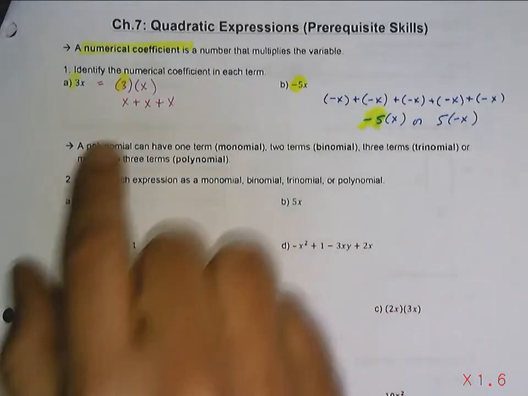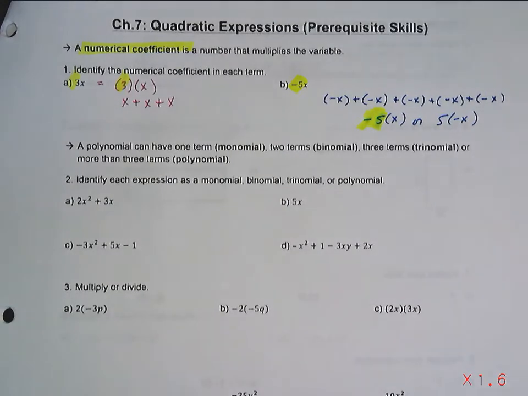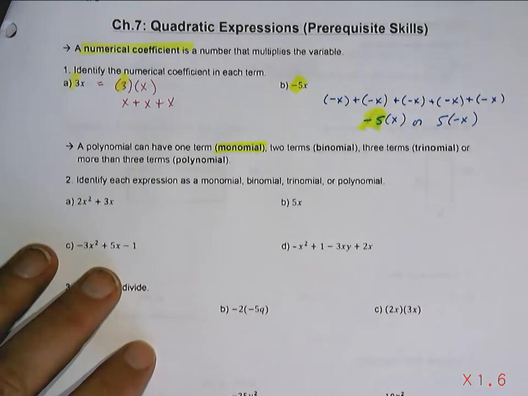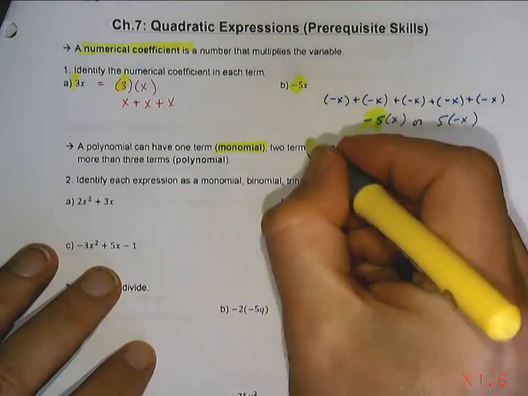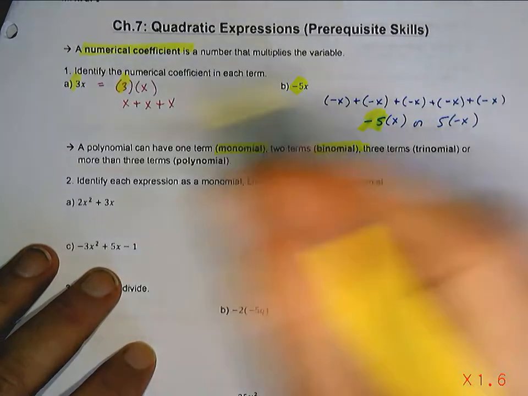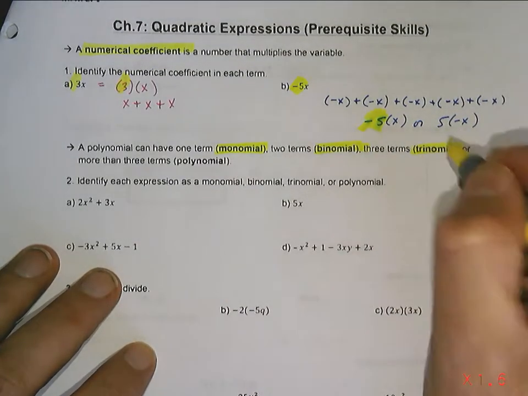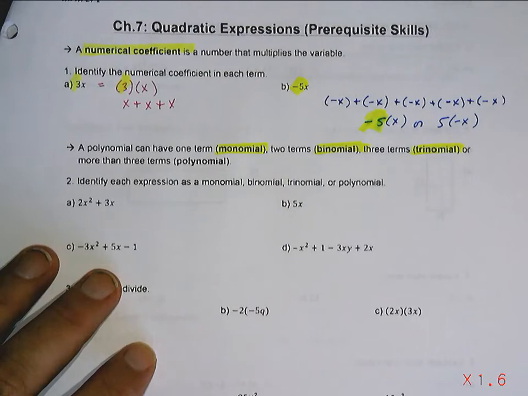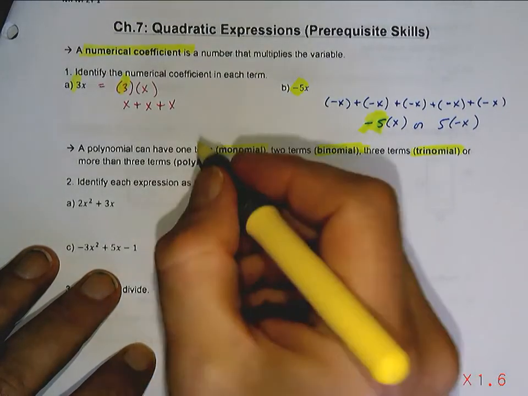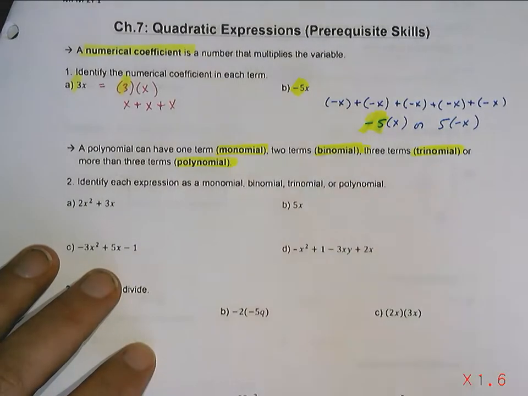So a polynomial can have 1 term. We call that a monomial. A polynomial can have 2 terms. We call those binomials. Or it can have 3 terms. We call that trinomials. And then it can have 4, 5, 6, 7, 8. It can have up to as many terms as you want. And you know what we call those? Polynomials.